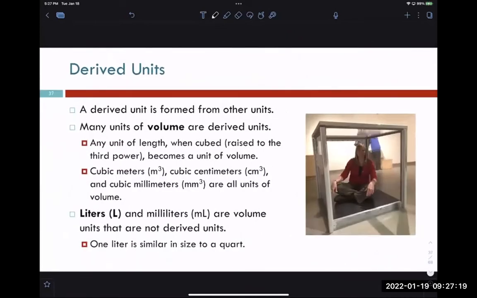So derived units are formed from other units. This is a picture of my mom, actually, in Sweden or Norway, I believe, some science museum, and she's sitting in a cubic meter, right? So that's about the size of a cubic meter. One mom could fit in there fairly comfortably. So units of volume are representing the space inside of this cube.